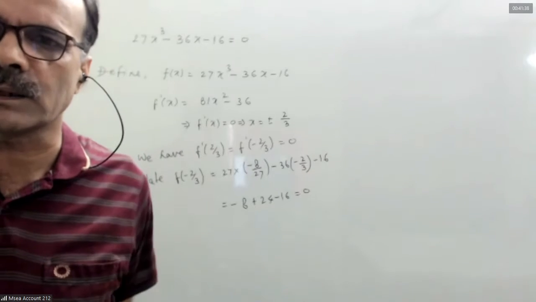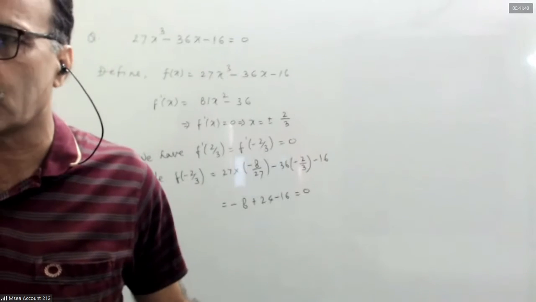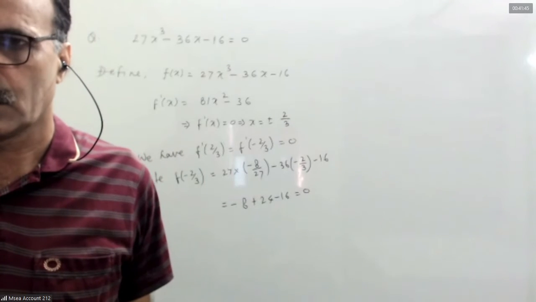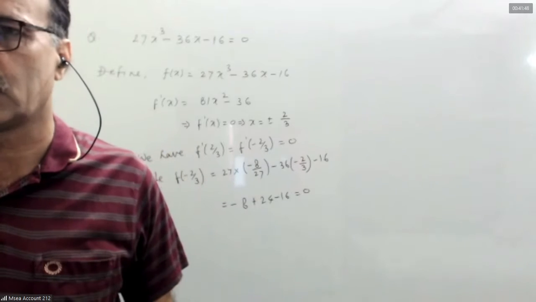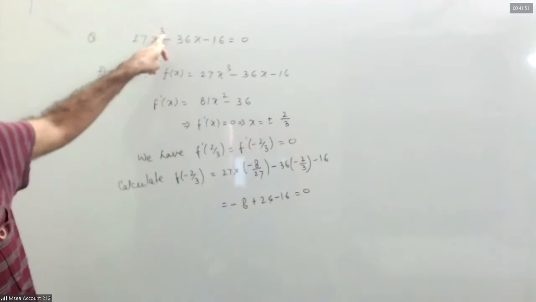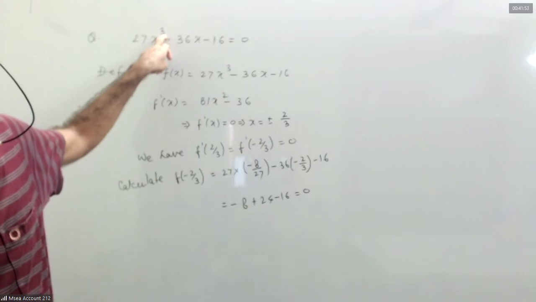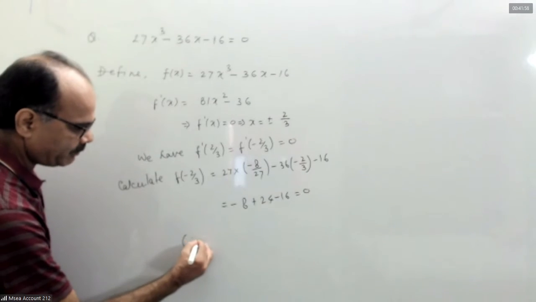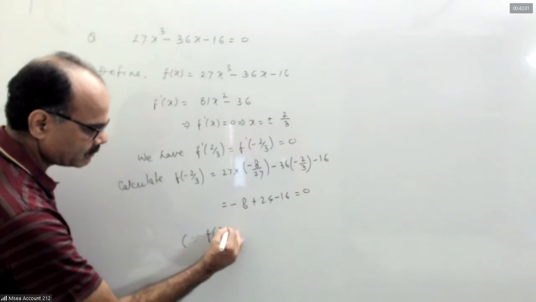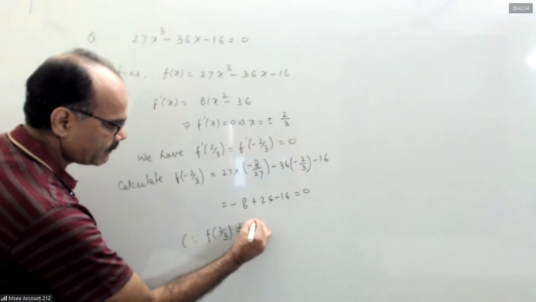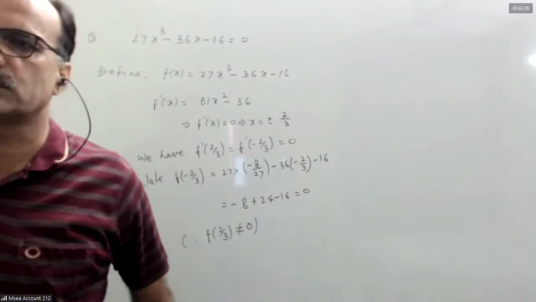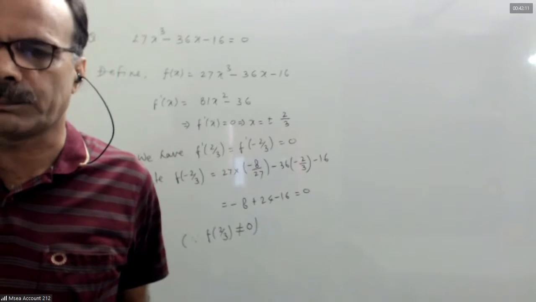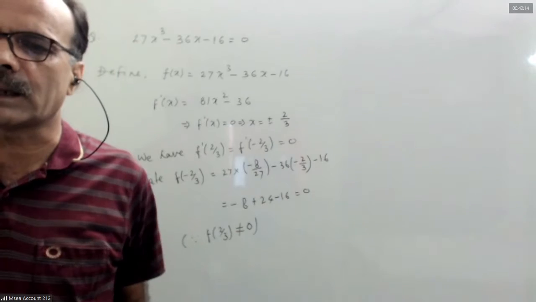If we got the repeated root minus 2 by 3, we need not check for 2 by 3. f of 2 by 3 will not be 0, because there is only one repeated root. If both were repeated roots, then the degree would have to be 4. Because the degree is 3 and minus 2 by 3 is a repeated root, 2 by 3 cannot be a repeated root.